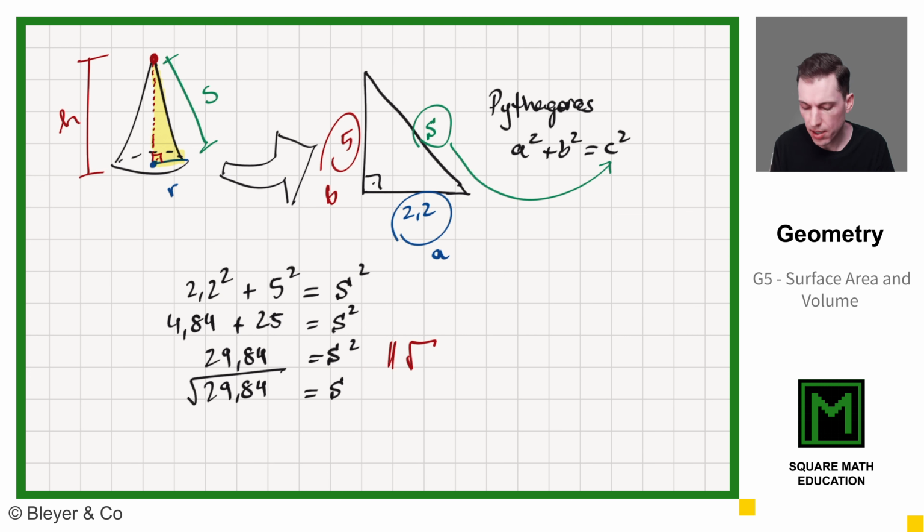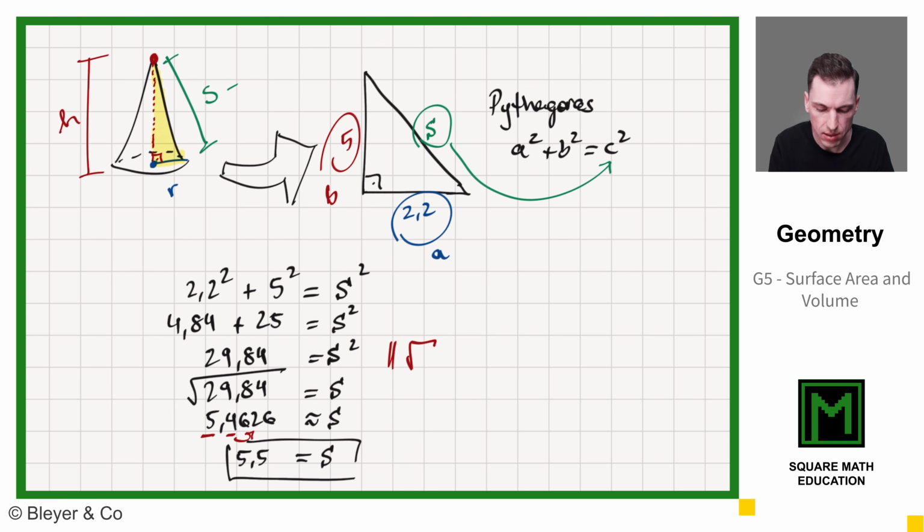So my s is about 5.4626. When we round to two significant digits, we have 5 and 4, and 6 is a big digit that rounds to 5.5 for my s. So that is the slant height. So we can plug in 5.5.